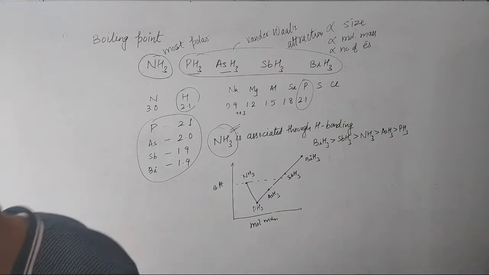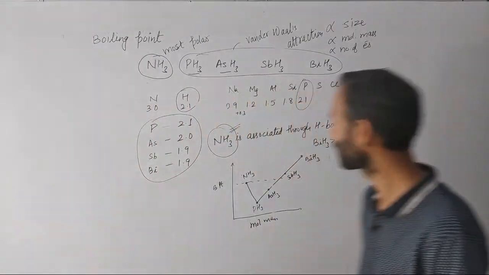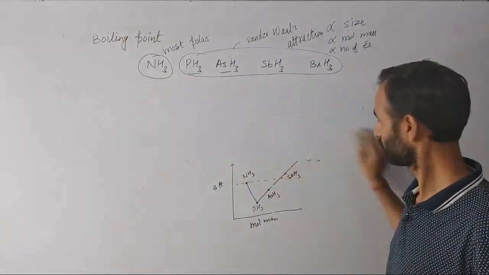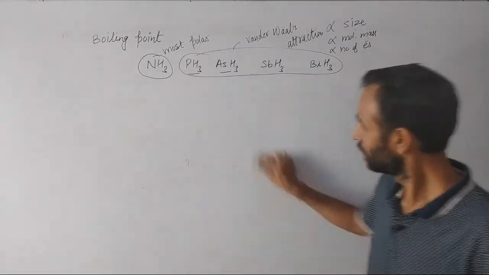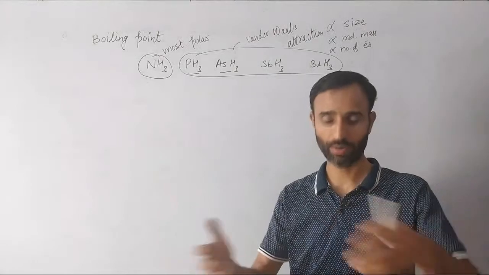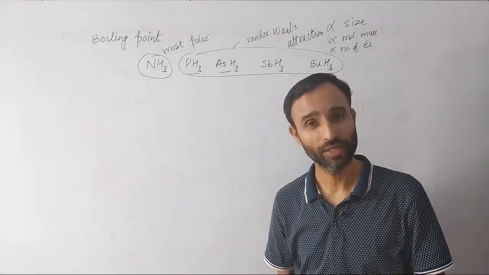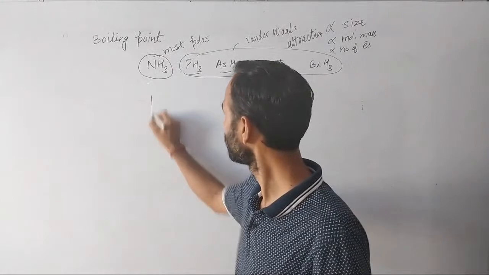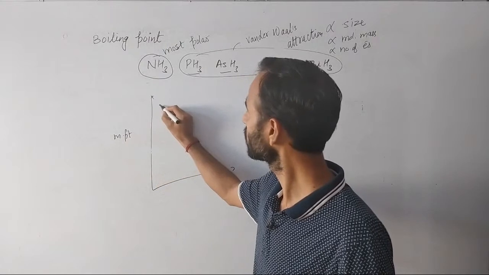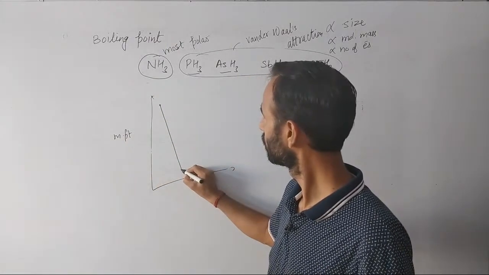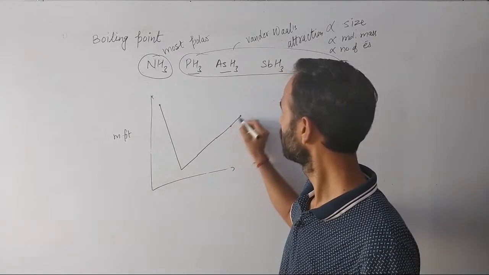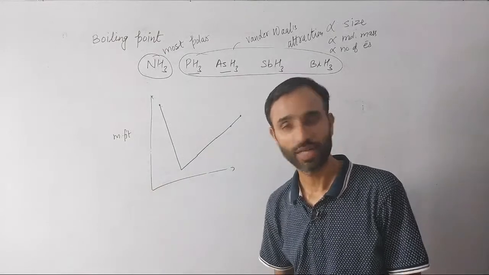Okay, now melting point. In melting point, every hydride is solid. So in the case of melting point, that of NH3 is maximum, and for the rest of them, obviously there is an increase, but that is not greater than NH3.